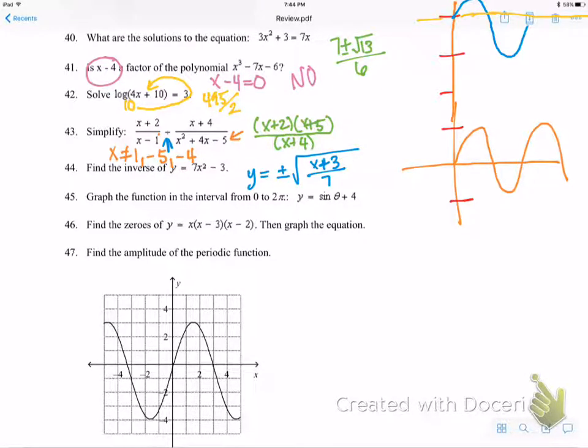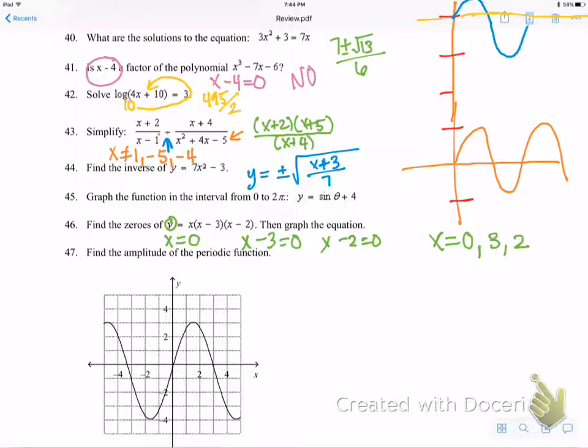46 asks us to find the zeros of x times x minus 3 times x minus 2. To find zeros, we can just set the equation equal to 0 and then set each factor equal to 0. And you guys can probably solve these in your head, so I'm wasting your time right now. But we end up getting x equals 0, x equals +3, and x equals +2.